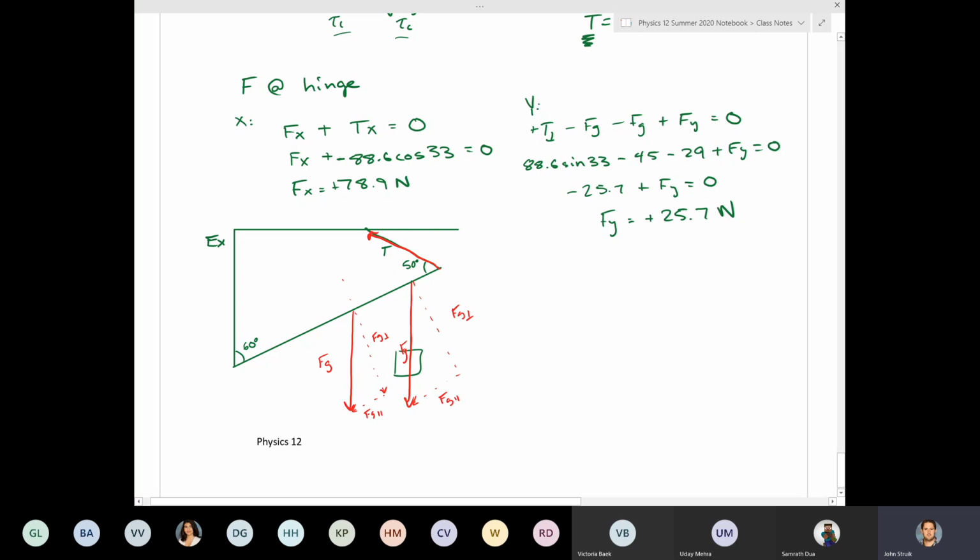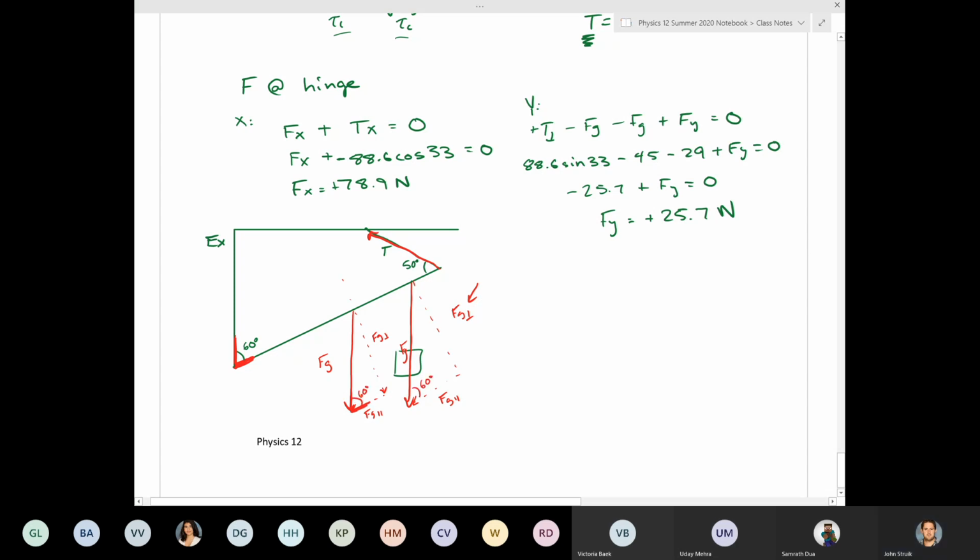Now when you do it that way, you have to find the perpendicular component. If this angle right here is 60, then this angle right here has to be 60 as well.